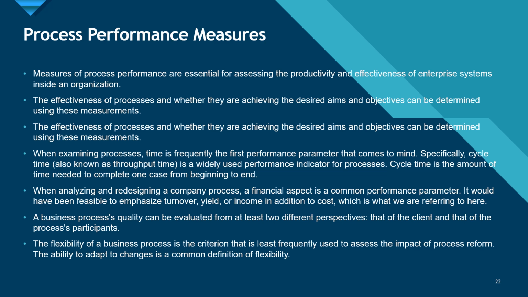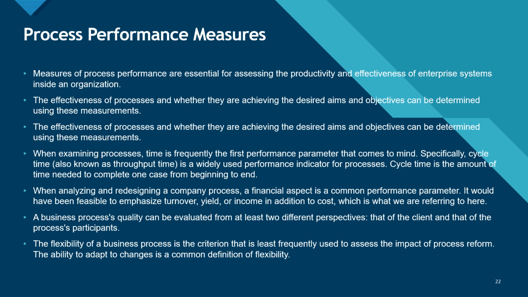So, what are the process performance measures? When analyzing and redesigning a company's process, a financial aspect is a common performance parameter. It would have been feasible to emphasize turnover, yield, or income in addition to cost, which is what we are referring to here. So, the effectiveness of processes and whether they are achieving the desired aims and objectives can be determined using these measurements.